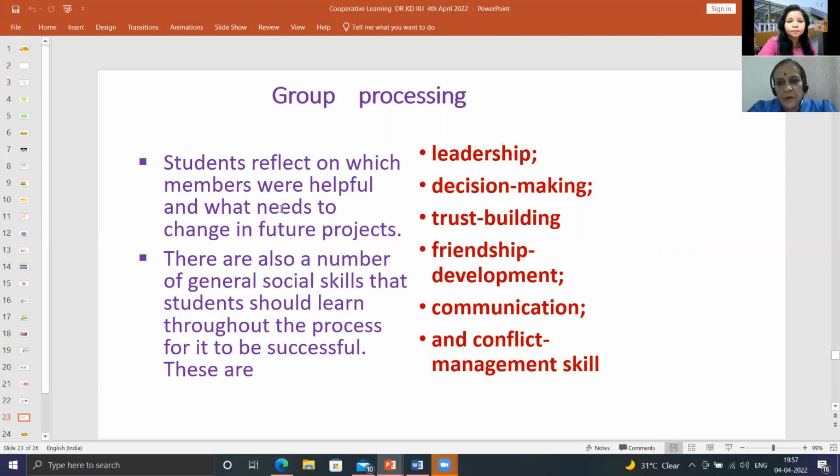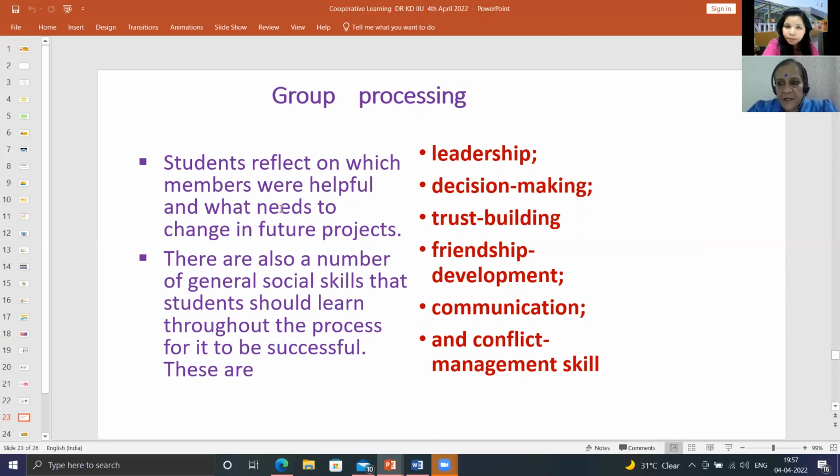As you all know, if a student is leading the group, he must definitely know the leadership skill during the task and he will acquire the skill of leadership. Then decision making: who will respond for a particular topic is to be decided by the student. So their decision making will be developed.